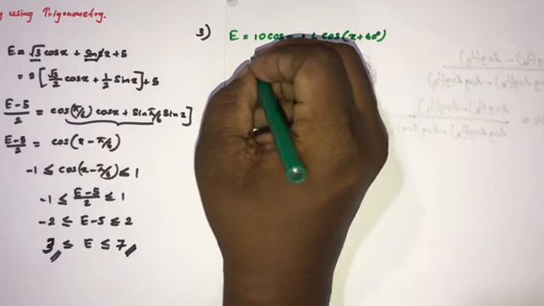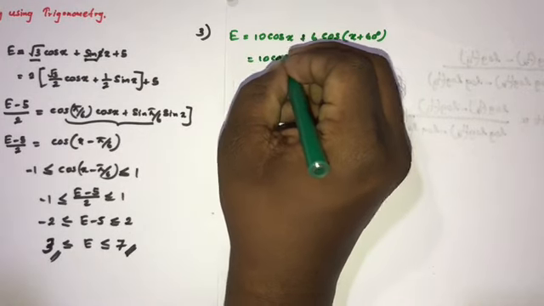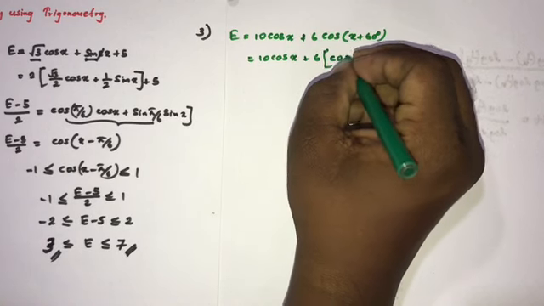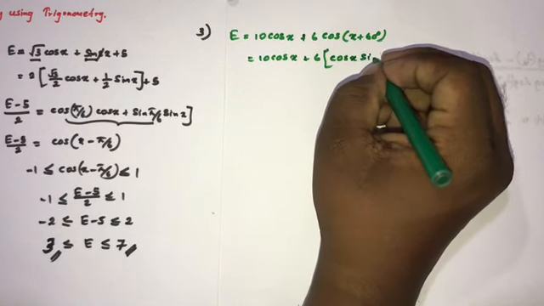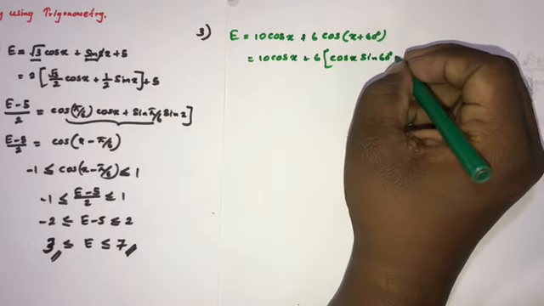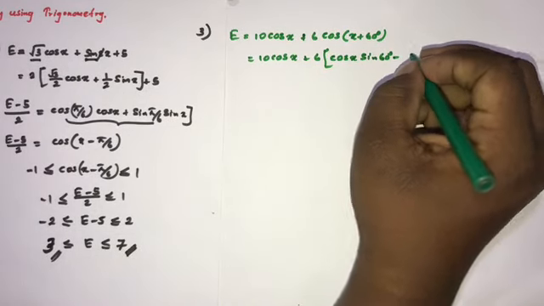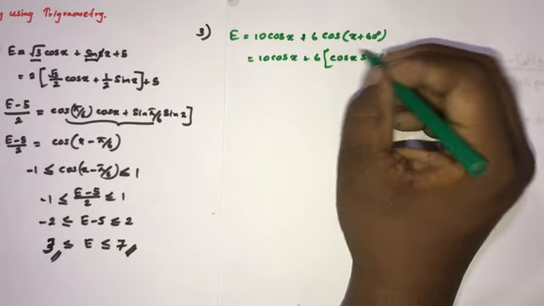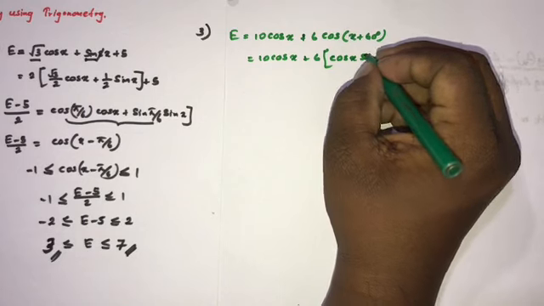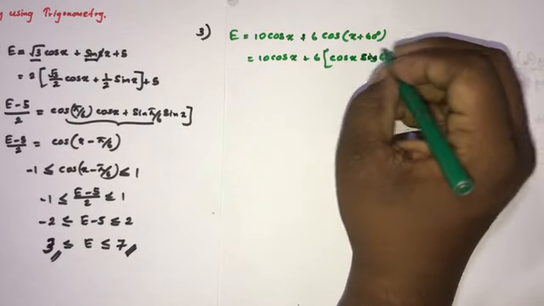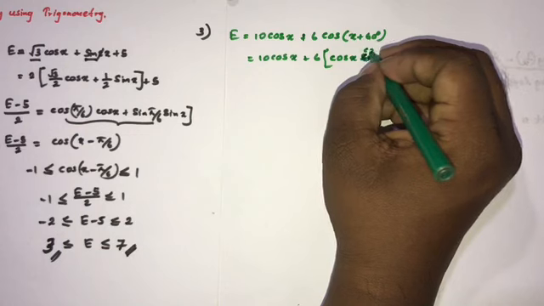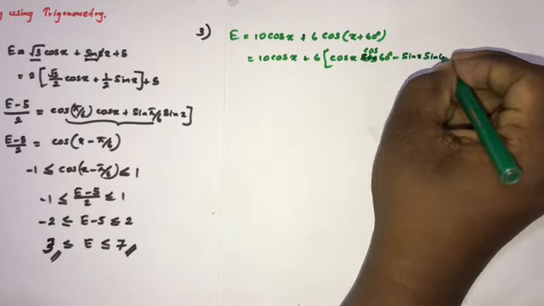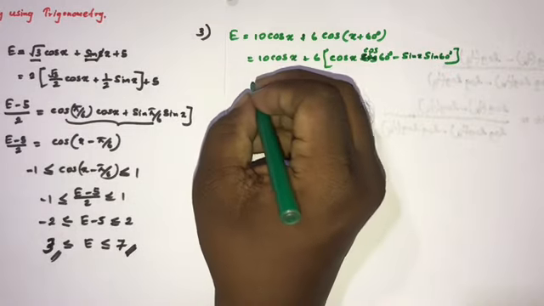Okay, then we can simplify. 10 times cosine of x plus 6 times, using cosine a, cosine b, so cosine of x cosine of 60 minus sine of x sine of 60. Okay, then we can simplify.